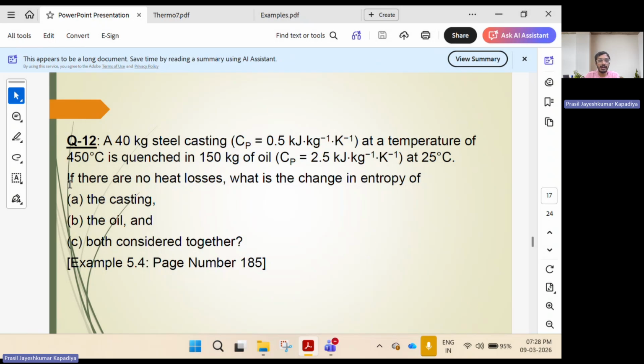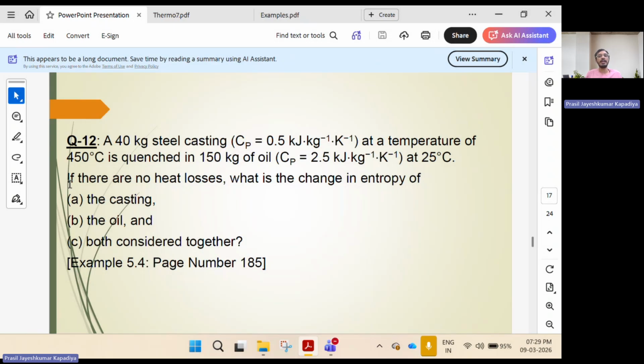Problem 12 says that a 40 kg steel casting, of which Cp is equal to 0.5 kilojoules per kg Kelvin, is at a temperature of 450 degrees Celsius. I'm going to quench it in 150 kg of oil at 25 degrees Celsius.